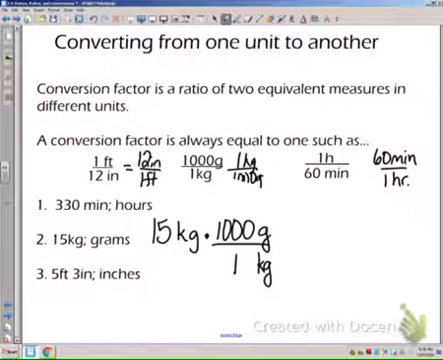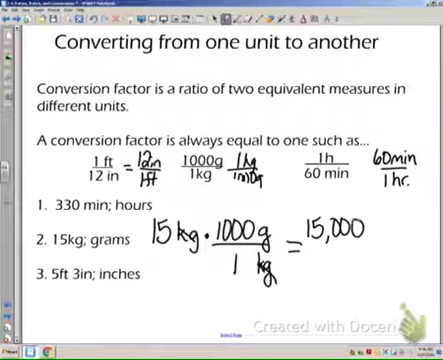So now we can just multiply. So the kilograms and kilograms cancel out. 15 times 1,000 would be 15,000 grams. So 15 kilograms is equal to 15,000 grams.